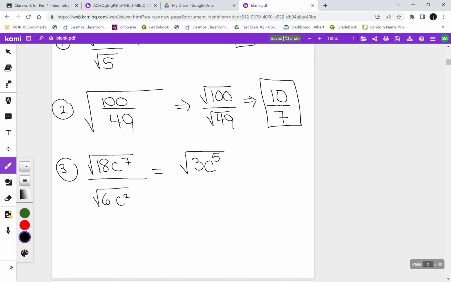Can I simplify this? Absolutely. Now the 3 stays underneath the radical. But the root of C to the 5th can be simplified. 2 goes into 5 how many times? Twice. So C to the 2nd comes out. Is there a remainder? Yeah, so 1 C is left on the inside. If I'm going too fast, just let me know.